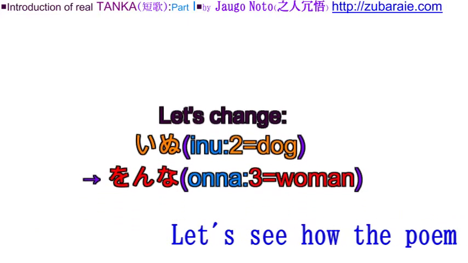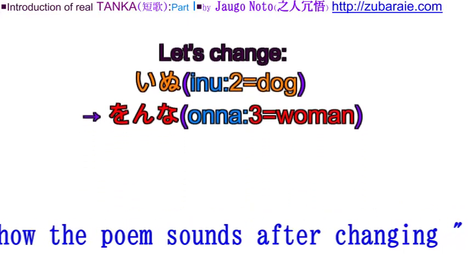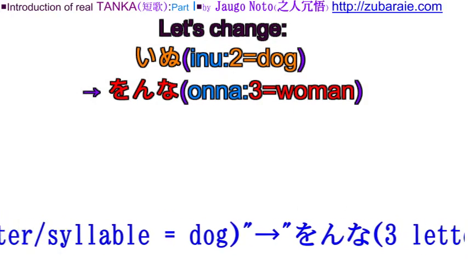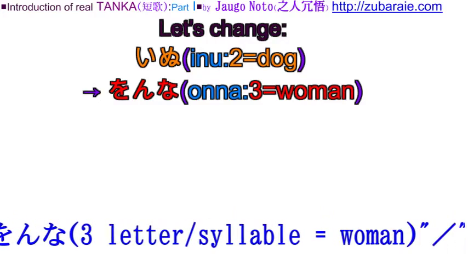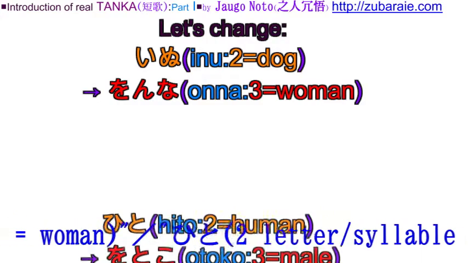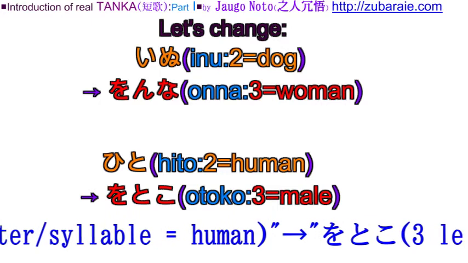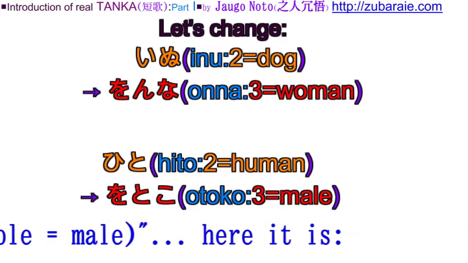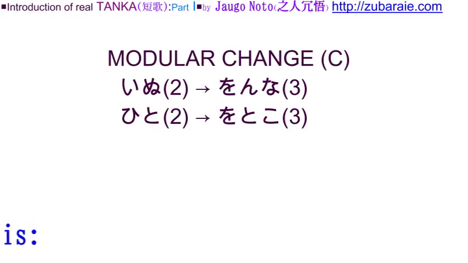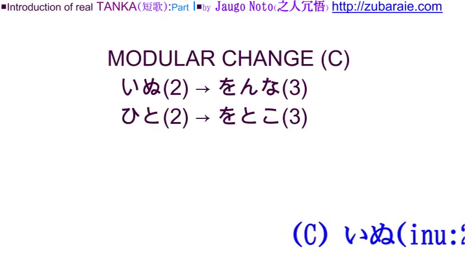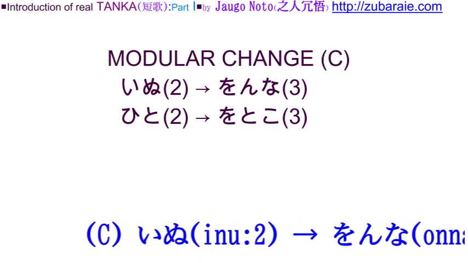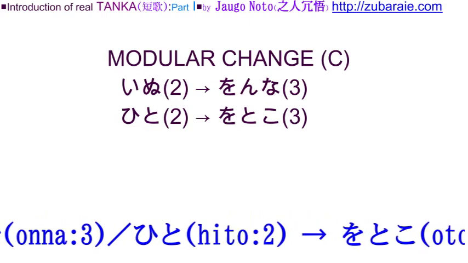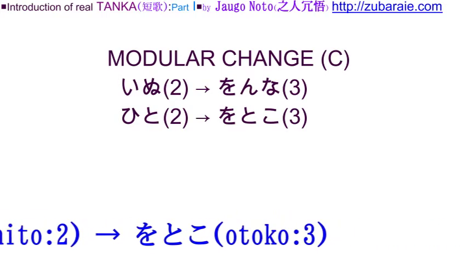Let's see how the poem sounds after changing inu, two-letter syllable dog, to onna, three-letter syllable woman, and hito, two-letter syllable human, to otoko, three-letter syllable male. Here it is. Inu to onna. Hito to otoko.